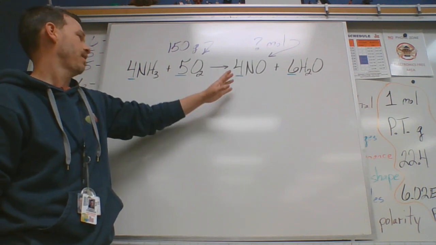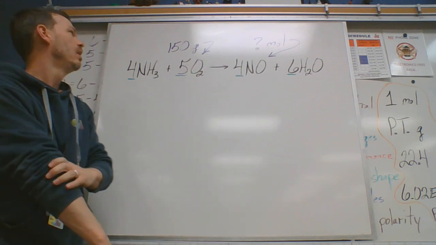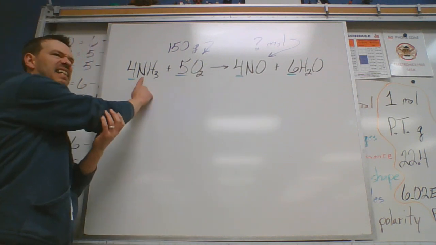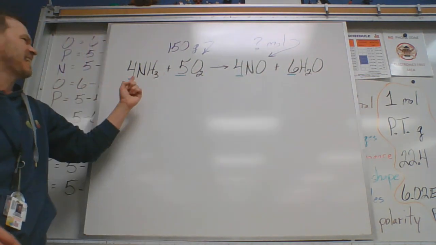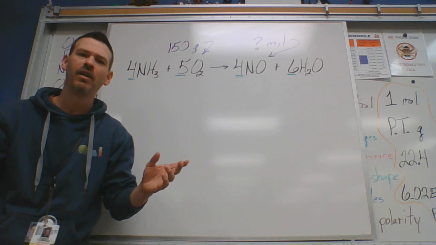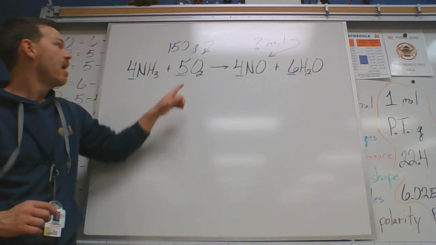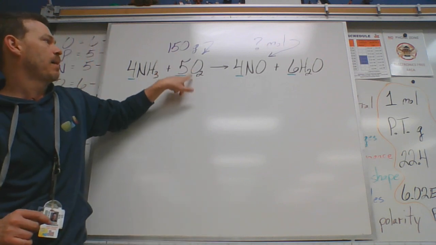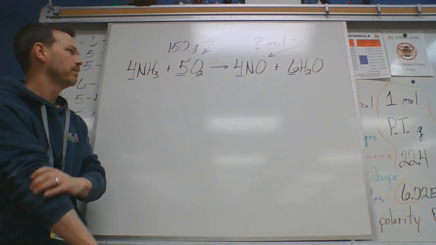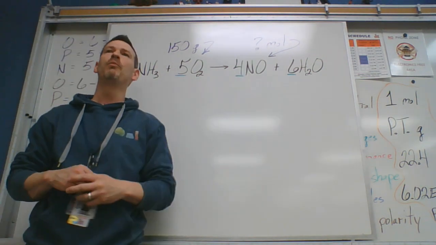So when balanced, if everything's perfect, you get 4 moles. But if I sent you to the back and I gave you excess heme, do you see how it says that? Do you see how it says excess of heme? That means one of the reactants you have an infinite amount of. All right, we're not going to let him affect anything. But we only have 150 grams of heme, so the oxygen is going to be the reactant that could possibly stop the reaction. How many moles of heme will form?